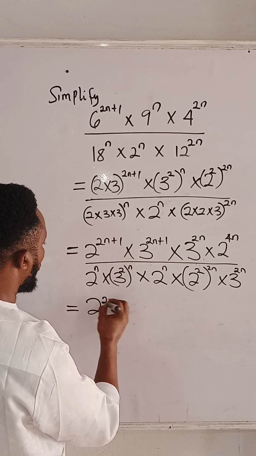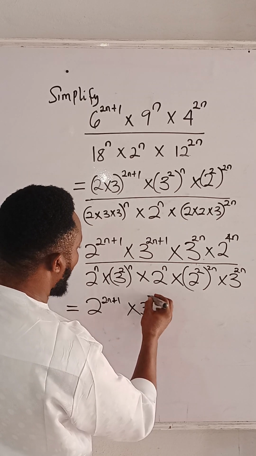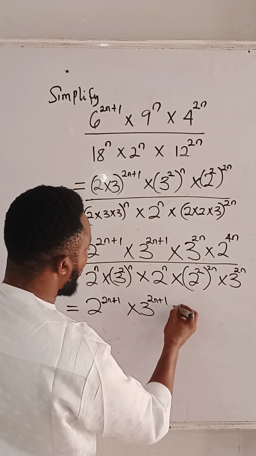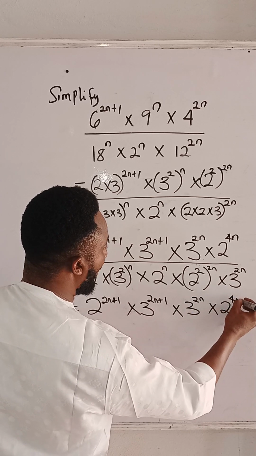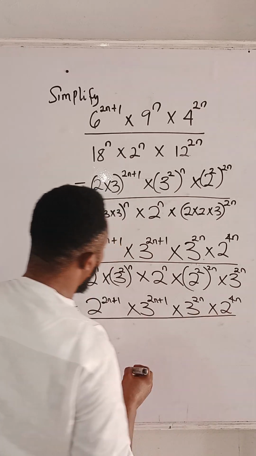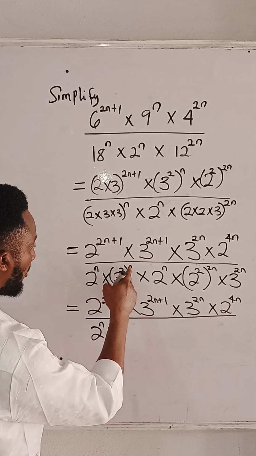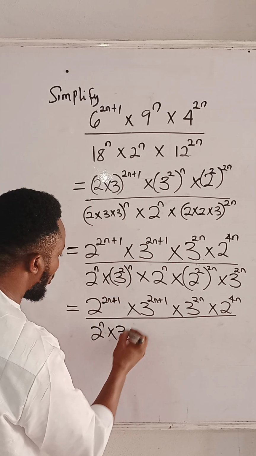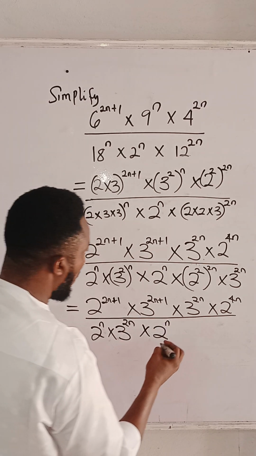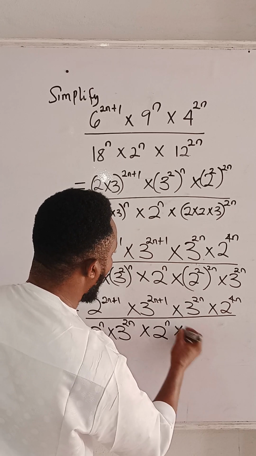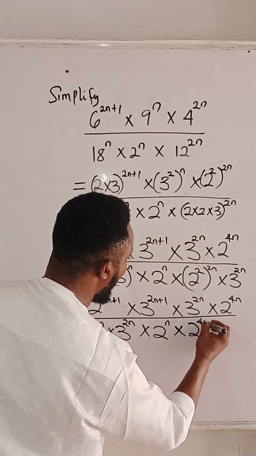So 2 raised to the power 2n plus 1 multiplied by 3 to the power of 2n plus 1 multiplied by 3 to the power of 2n multiplied by 2 to the power of 4n, all divided by 2 to the power of n multiplied by, all over here, 2 times n is 2n, 3 to the power of 2n multiplied by 2 to the power of n multiplied by, here we use the power rule, 2 times 2n is 4n, 2 to the power of 4n.